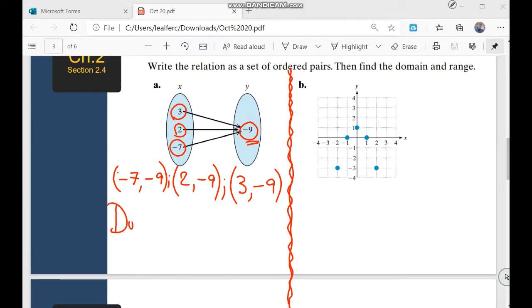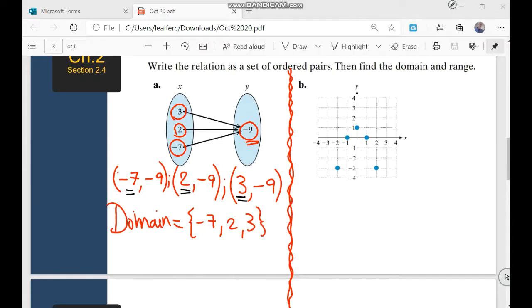What is the domain here? Domain is going to be x, all the x's. So the domain here is -7, 2, and 3.